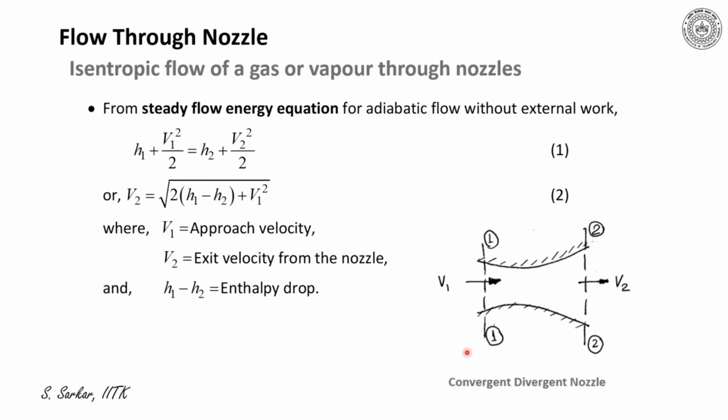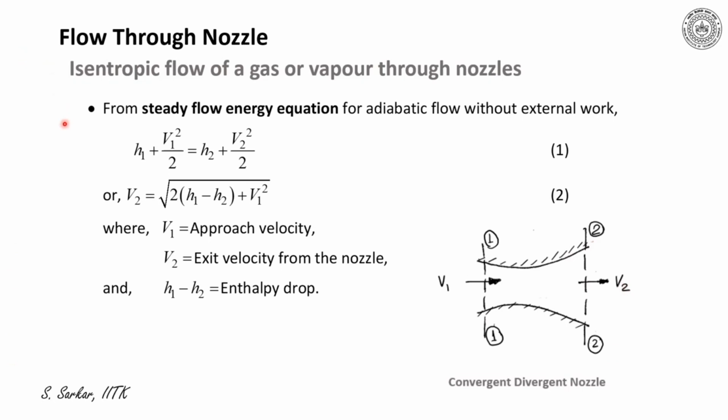Now let us consider a convergent divergent nozzle where the inlet section is represented by 1-1 and exit section is represented by 2-2, where V1 is the inlet velocity and V2 is the exit velocity, and so are H1 and H2.